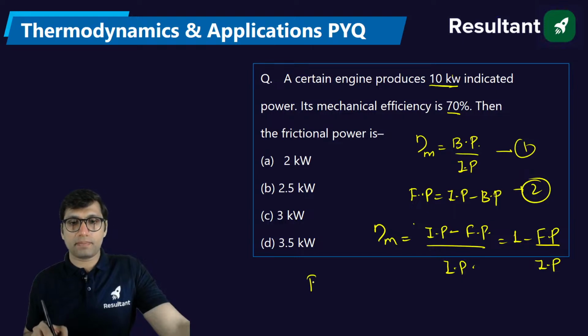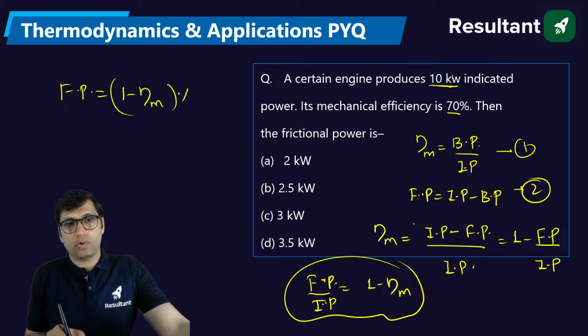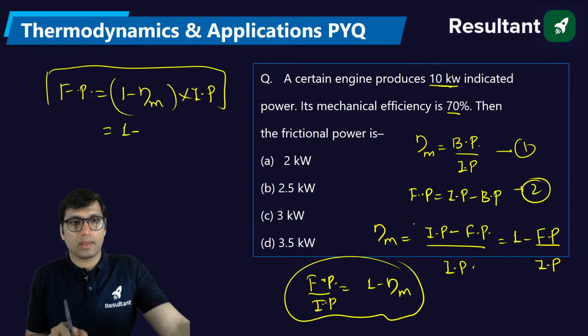So friction power by indicated power will be equal to 1 minus mechanical efficiency. So we get friction power is equal to 1 minus mechanical efficiency into indicated power. You just remember this formula: friction power equals 1 minus 0.7 into indicated power.